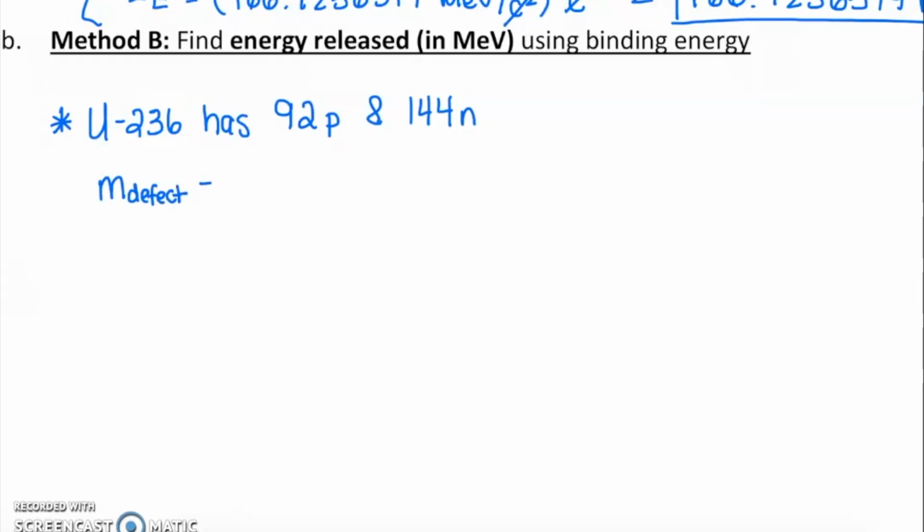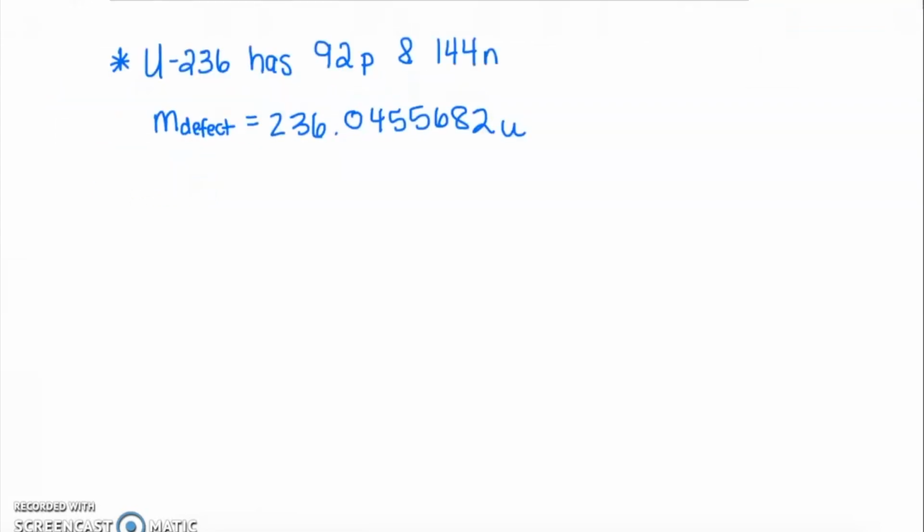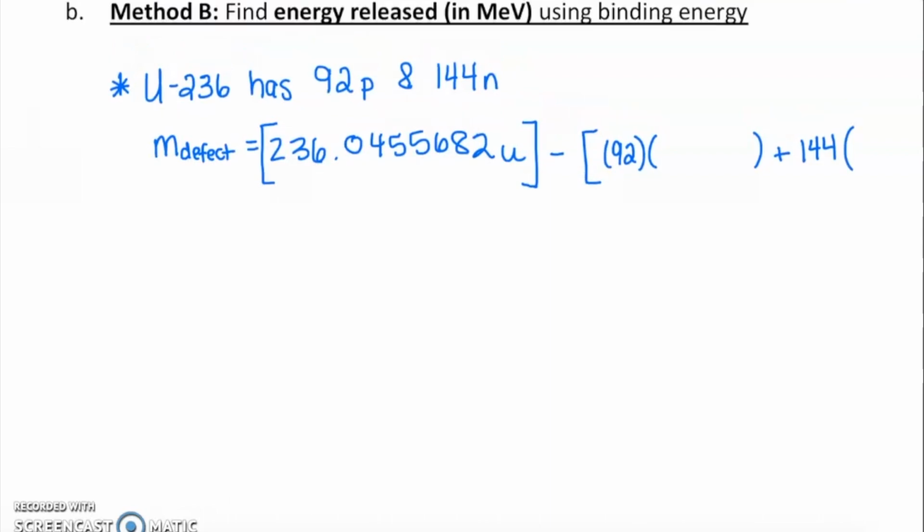So we are going to look for the mass defect of uranium-236. In order to do this, we need to take the rest mass of uranium. That's going to be the uranium nucleus already bonded together, already formed together. And then we're going to take that rest mass and subtract the individual parts, our 92 proton masses and our 144 neutron masses.